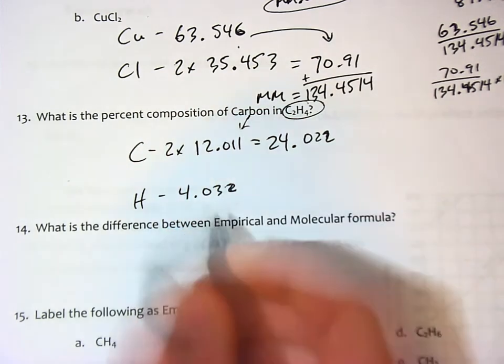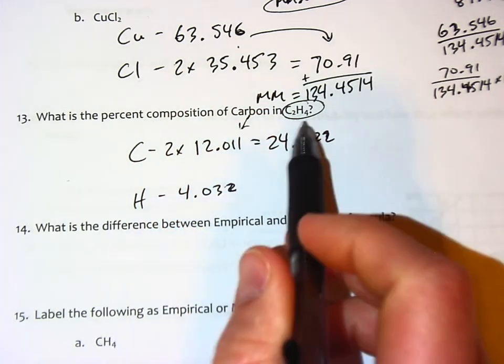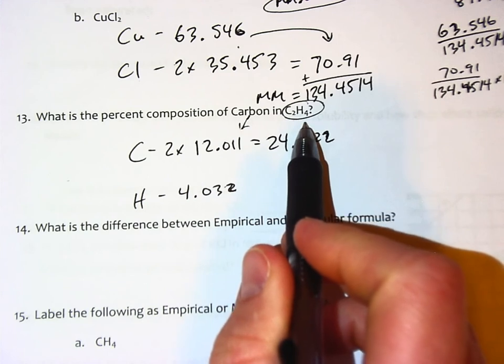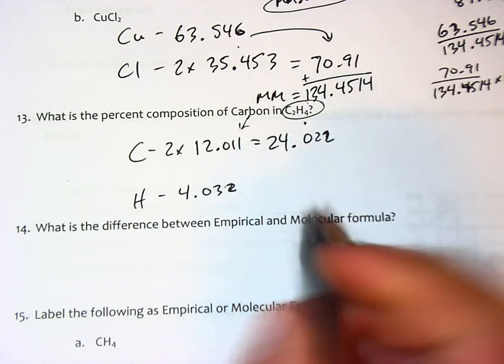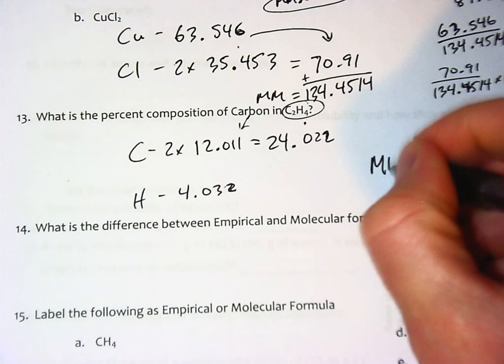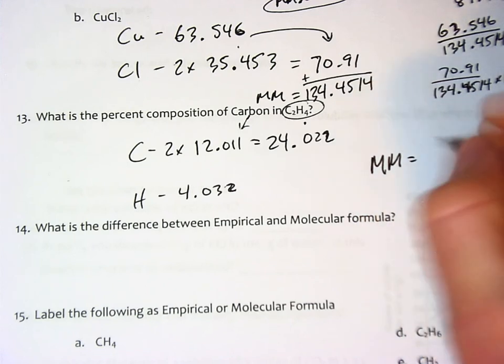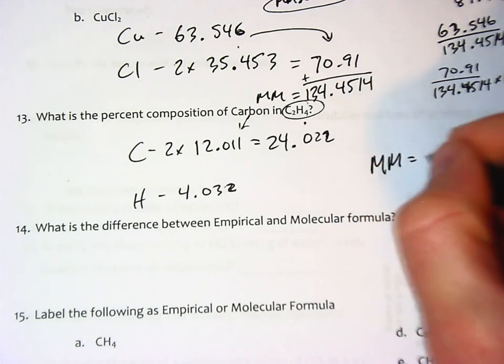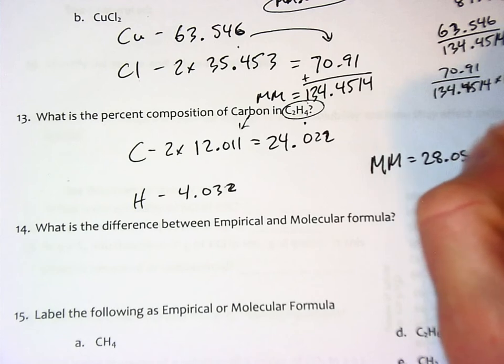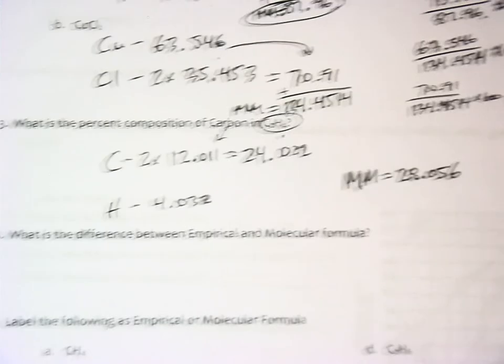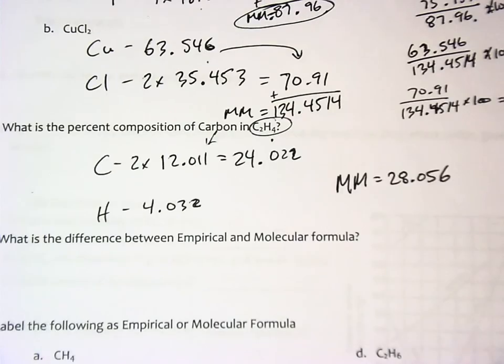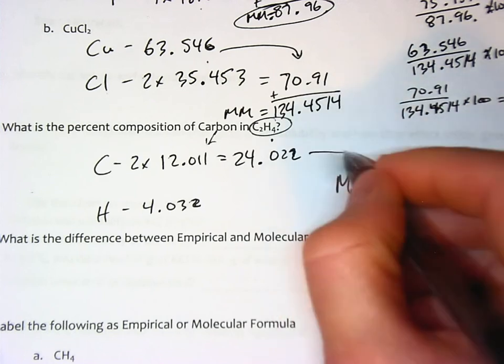Again, that's the total mass after I multiplied one mole by 4. Okay, so the total molar mass of that compound is 28.056.